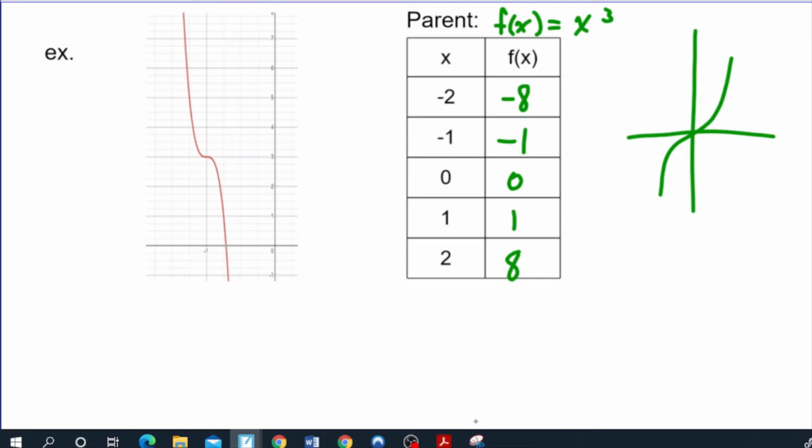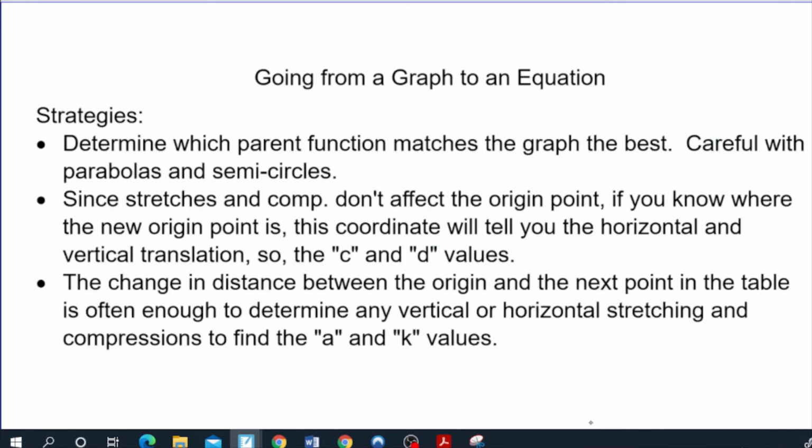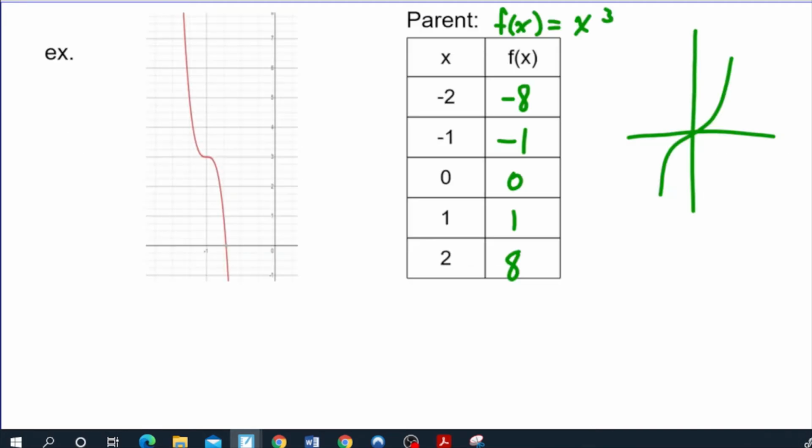So let's go through the strategies for our graphing. So I'm going to go back to the screen here. We've just determined which parent function matches the graph the best. So next we're going to look at our horizontal and vertical translations. Can you see on this graph where the new origin point is?